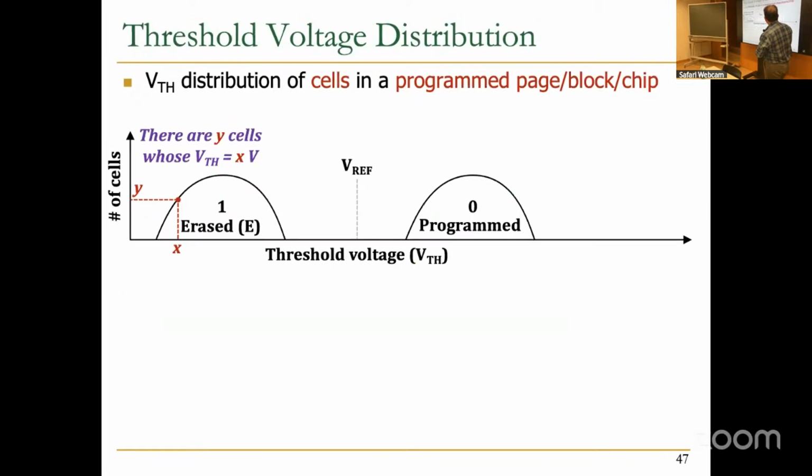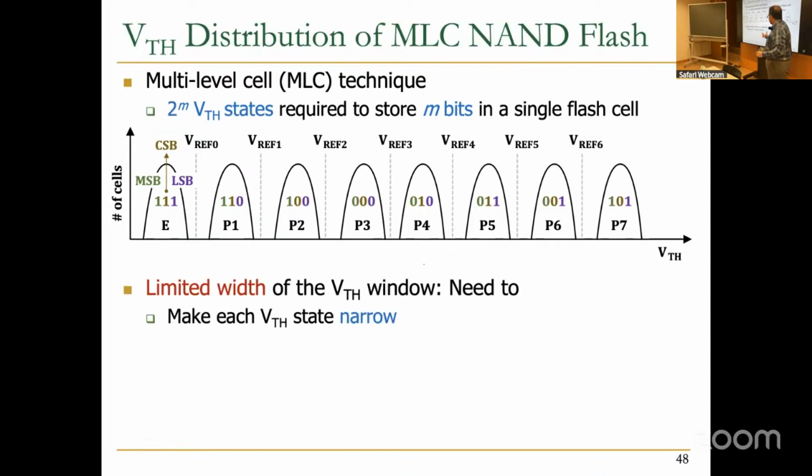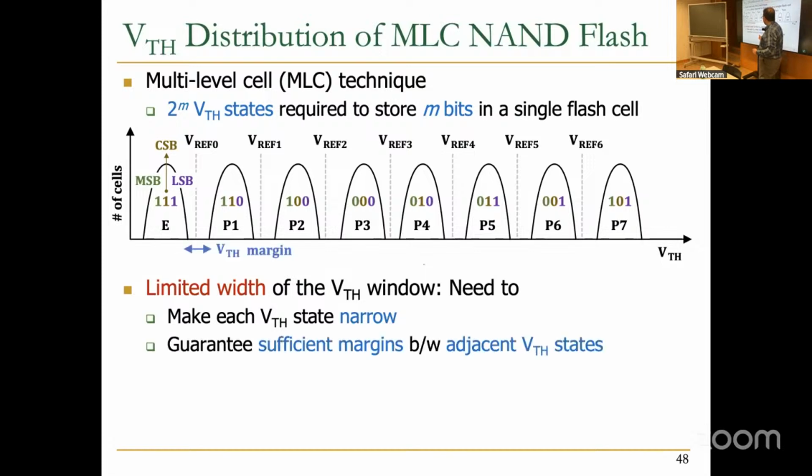If I show you again, with SLC you have a much wider region, but when you go to TLC, these windows are much narrower. Guaranteeing sufficient margin between adjacent threshold states is very challenging, and that's why when you go from SLC to MLC, and from MLC to TLC and QLC, your read circuitry is going to be more complicated, and you're also going to have more errors because it's very difficult to distinguish across these regions.